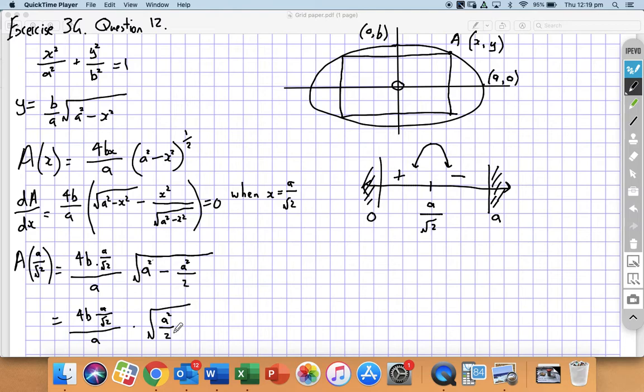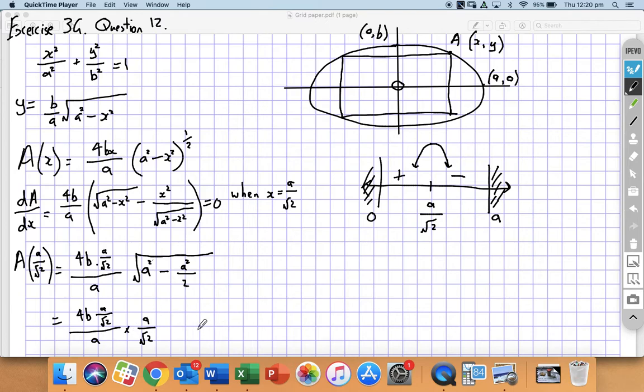And if I take the square root of this, look what I'm left with. I'm left with a on square root 2 again, so that will reduce down to an a on root 2.